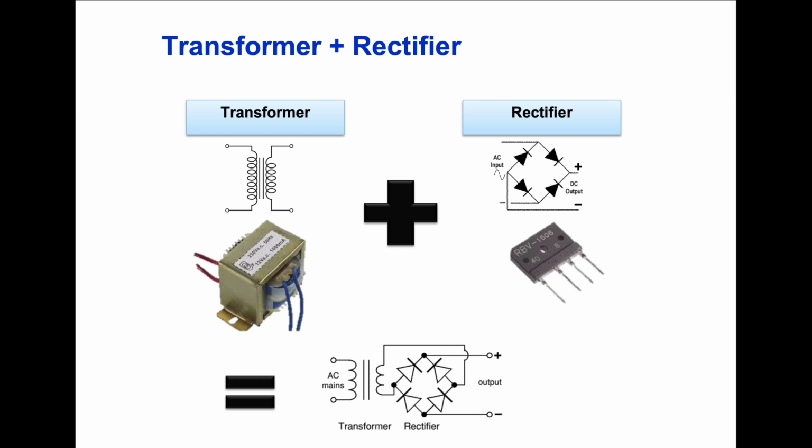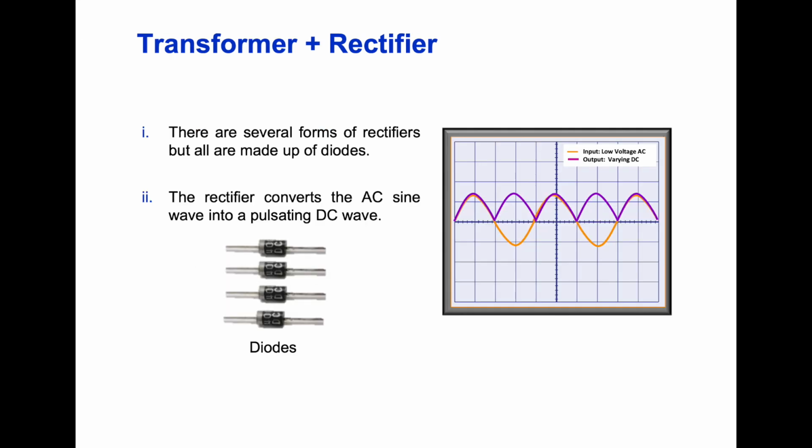There are several forms of rectifiers, but all are made up of diodes. We have 4 diodes in the rectifier, and as I mentioned just now, its function is to convert the AC sine wave into a pulsating type DC wave. You can see here the input is low voltage AC, the output from the transformer just now, the orange color, and after the voltage passes through the rectifier, we get the varying DC voltage here.